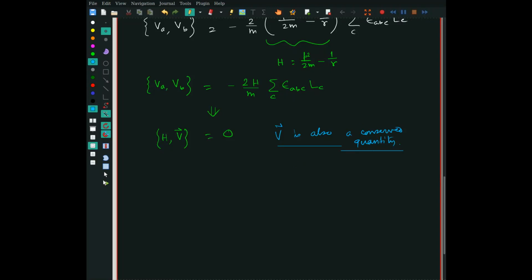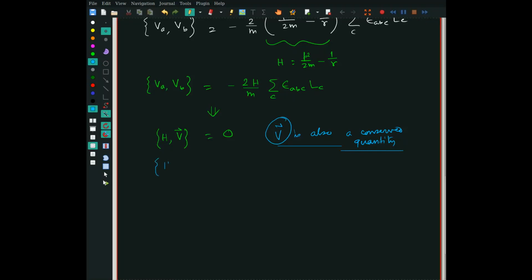Now this has a very deep implication actually. I will come to that. But before that, if V is a conserved quantity, and I already know that for central force problems L is also conserved.